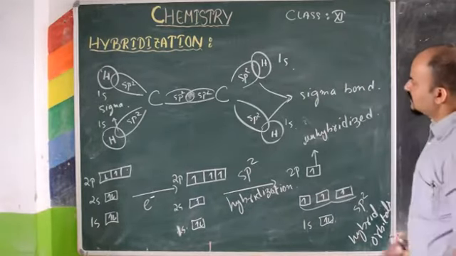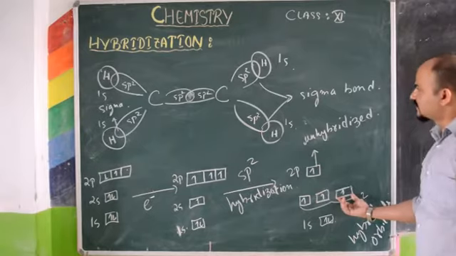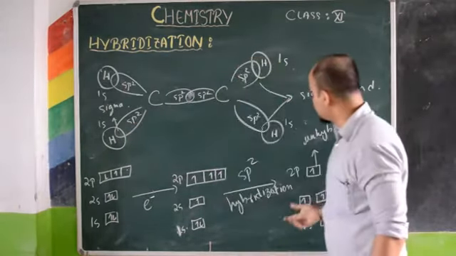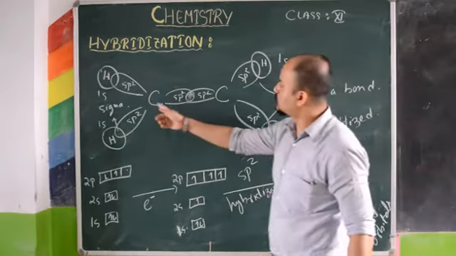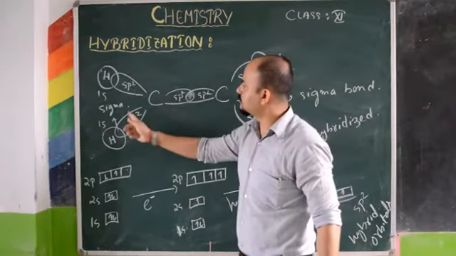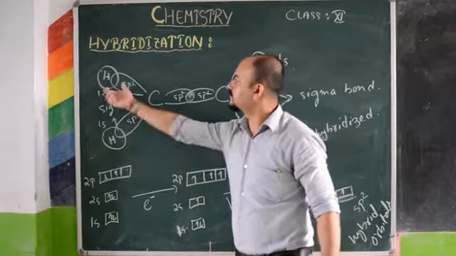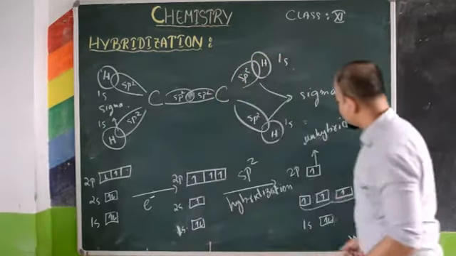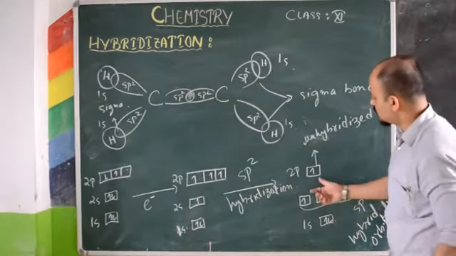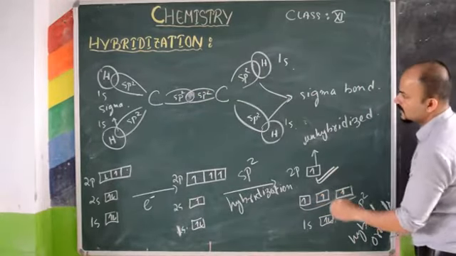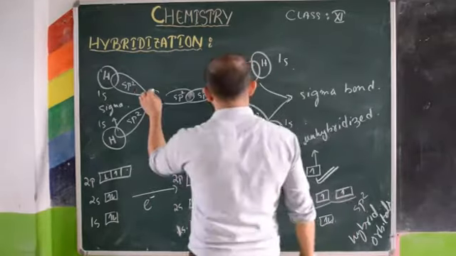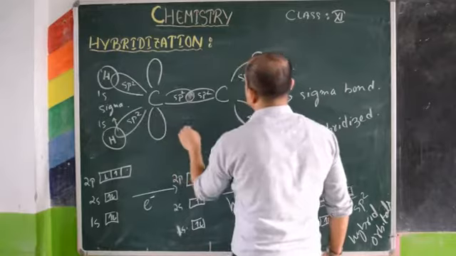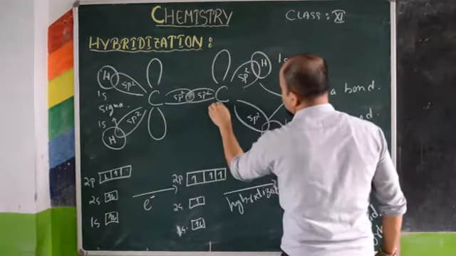Can you see that? These 3 sp2 hybrid orbitals are involved in the formation of sigma bonds on each carbon. So this carbon has sp2, sp2, sp2, and these are involved in sigma bond formation with hydrogen atoms. Now, in case of sp2 hybridization, here you have unhybridized orbitals, and these will contain the electron, on this carbon as well as this carbon.